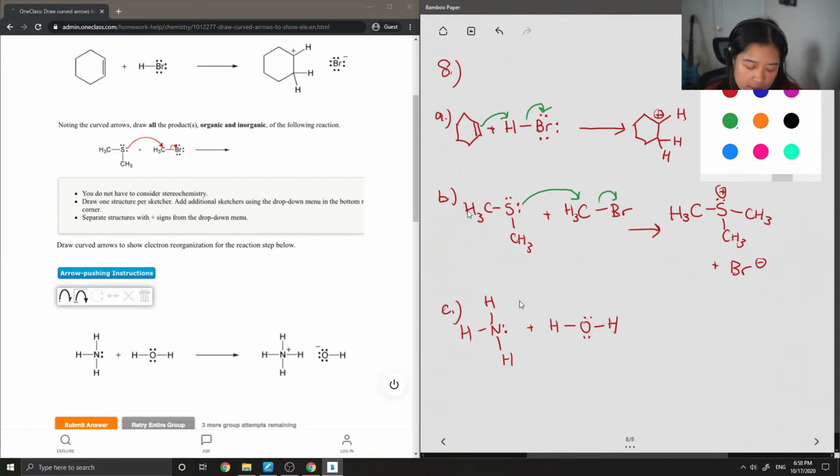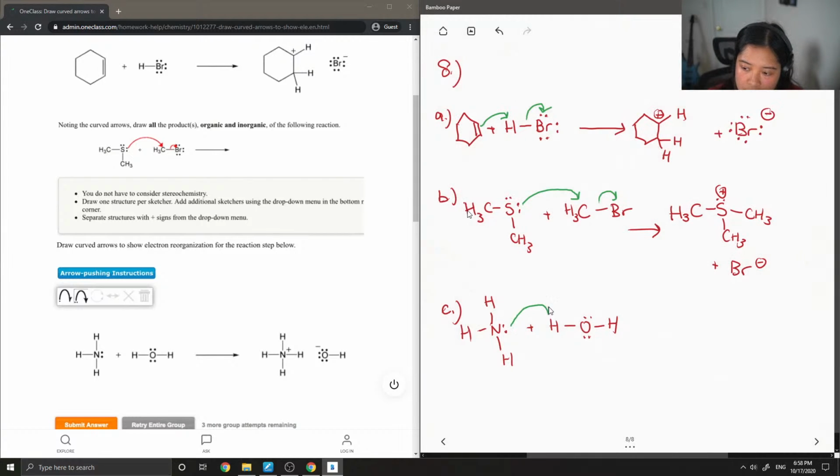So the lone pair on the nitrogen picks up a proton here. And you get 4 hydrogens on your nitrogen now. This now has a positive charge. Then OH has a negative charge.